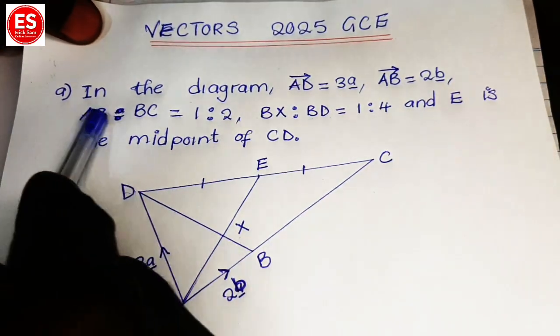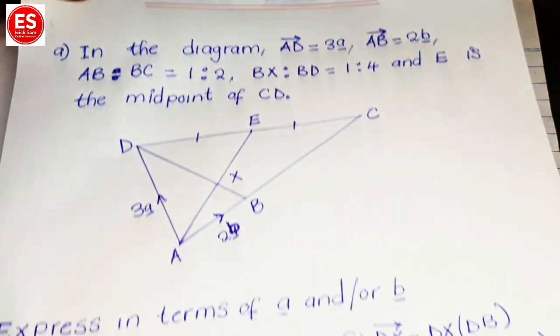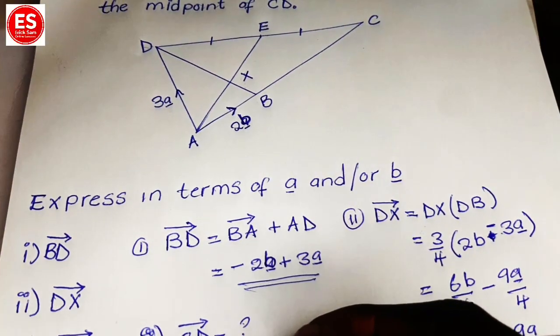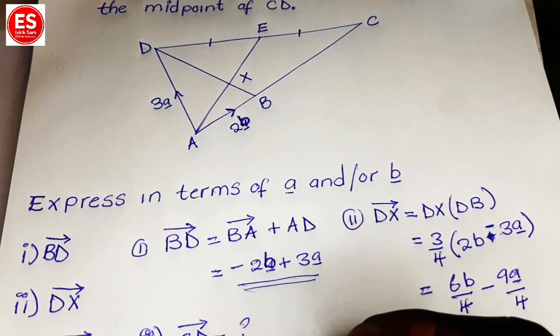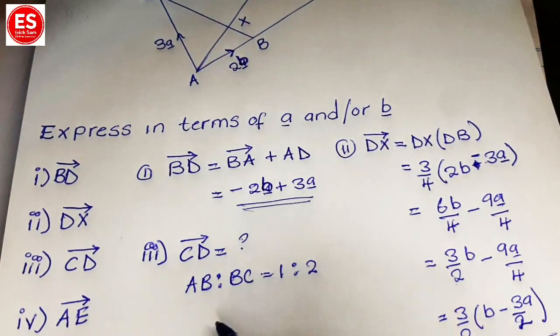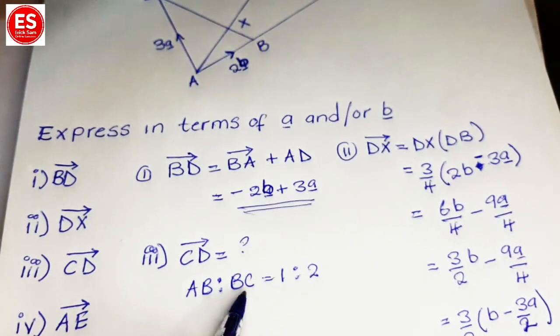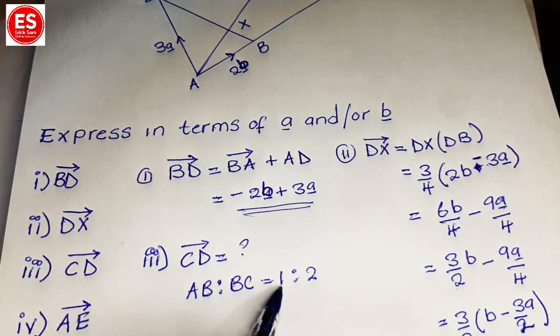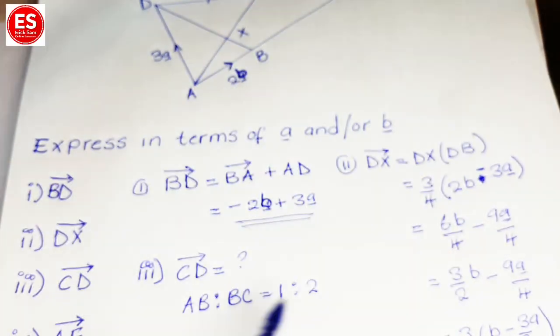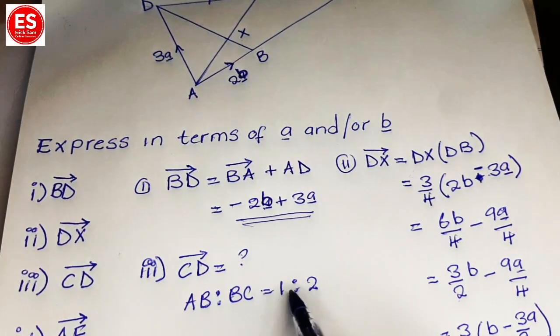I'm using the information here. It's written as equal to 1 to 2, right? It means A to B, the ratio is 1, then B to C, the ratio is 2. So what does it mean?